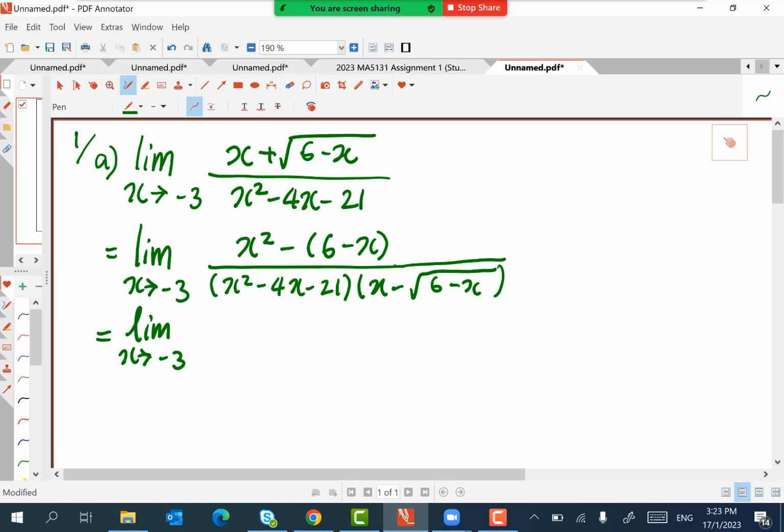The numerator is x squared plus x minus 6.